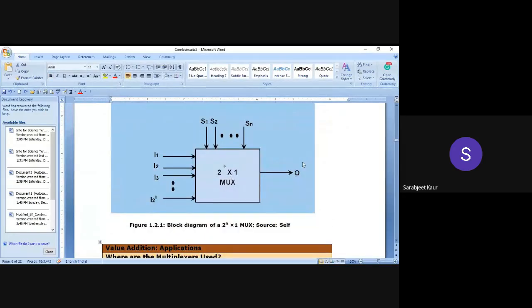Meanwhile, I want you to revise this when you come to the next class, because this discussion is going to be extremely instrumental for our next lecture, on designing a little more complicated multiplexers, where we will be talking about how to construct a bigger multiplexer using two smaller multiplexers, and integrating multiple multiplexers into one.